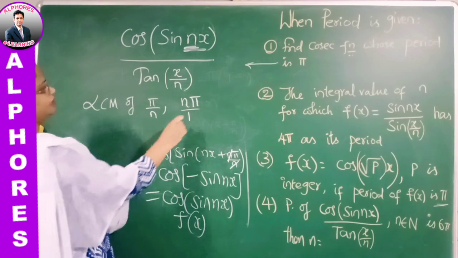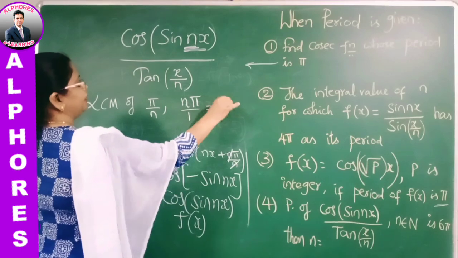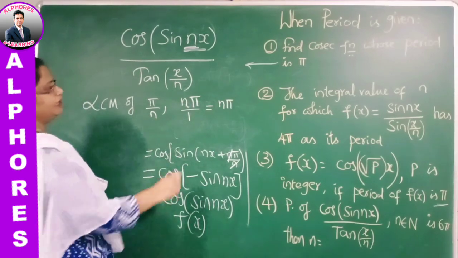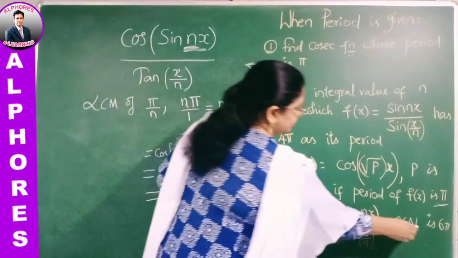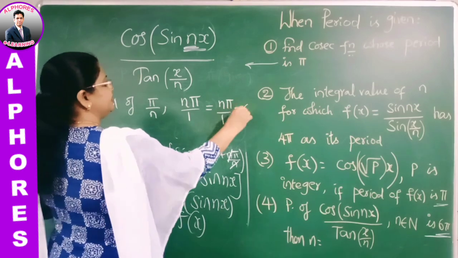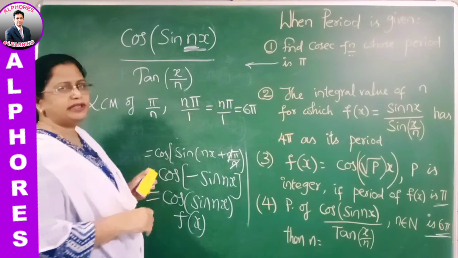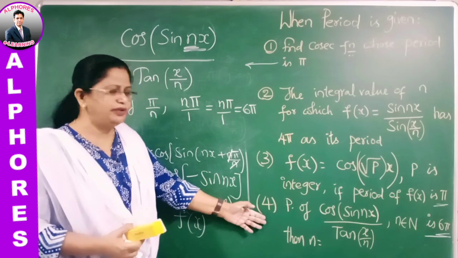Now the LCM is numerator LCM over denominator GCD. Numerator LCM is n pi. Denominator GCD is 1. But this is given in the problem as 6 pi. That implies n pi is 6 pi, and hence what is our n value here? 6. Understand? So the n value you got is 6.